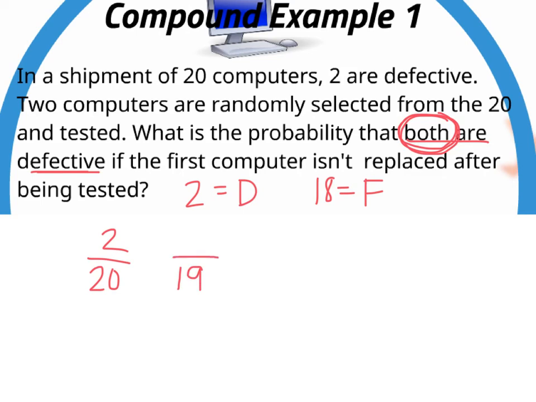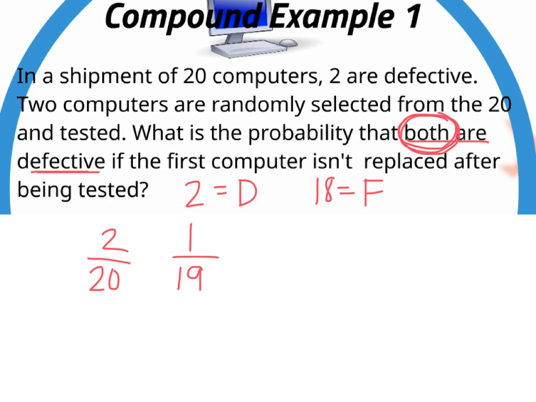Not only does our total change now, but if I kept one of those defective computers, that means one defective computer is left over. So this is one where your numerator and your denominator are affected. In the socks example, only the denominator, the total, was affected. But here, our numerator is affected as well because I want to know the probability of picking both defectives.